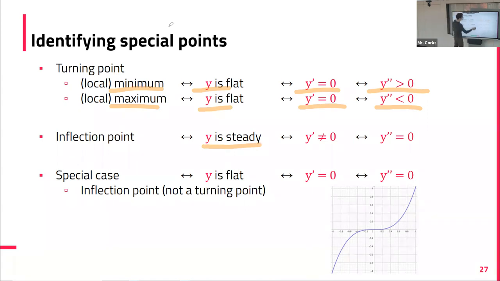It could be either one. And first derivative is not 0, second derivative is 0. And then this weird special case, function is flat and both derivatives are exactly 0. That's the summary of the points that we should be able to identify and what we use to identify them.